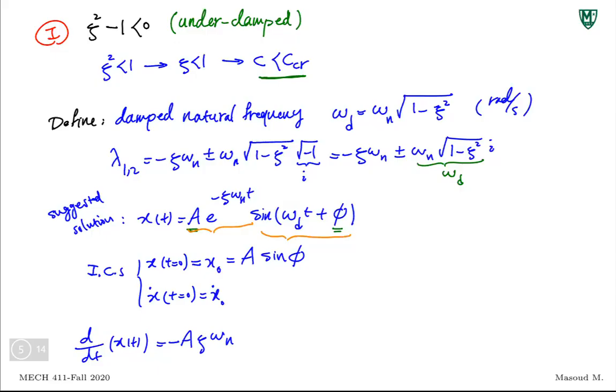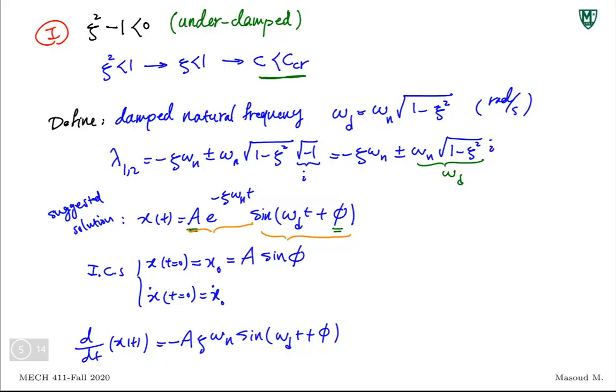I'll take the derivative of e to whatever it is, and the exponent comes down in front of the A, so it becomes minus zeta omega n A. Let me just make sure that I'm doing the right process. Yeah, okay, that's good. So I take the derivative with respect to the first one and multiply with whatever we have as the second function. And now I do that for the second part.